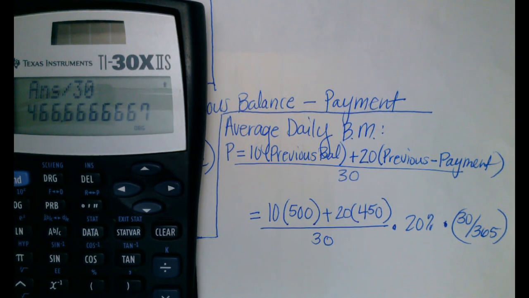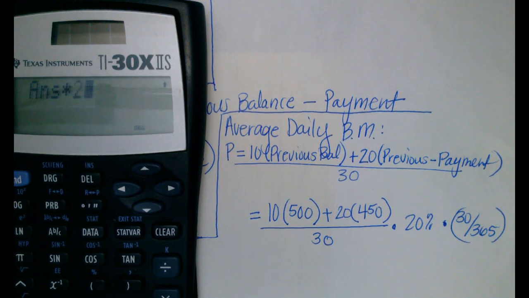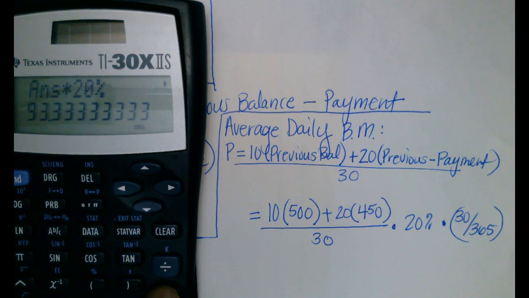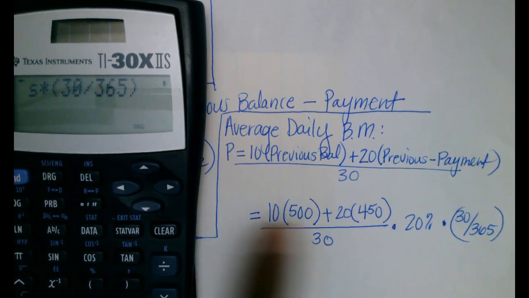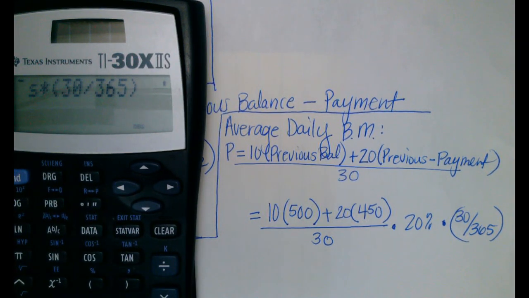So every time I do a new thing, I don't want to get it mixed up, times 20%, enter. And you could have put the fraction in there now. Times, I hope I hit the times, times 30 over 365. Remember, we want to use the division button and not the ABC button because we want this in terms of money.